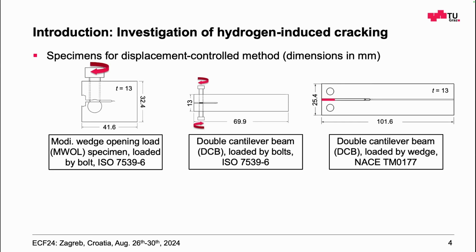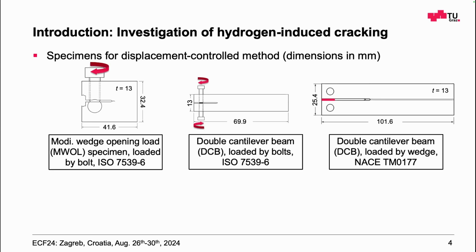This is the sample with a screw, this cantilever beam with 2 screws, and here such a cantilever where we insert a wedge to spread both sides, and then to introduce a certain displacement so that the crack growth can happen.